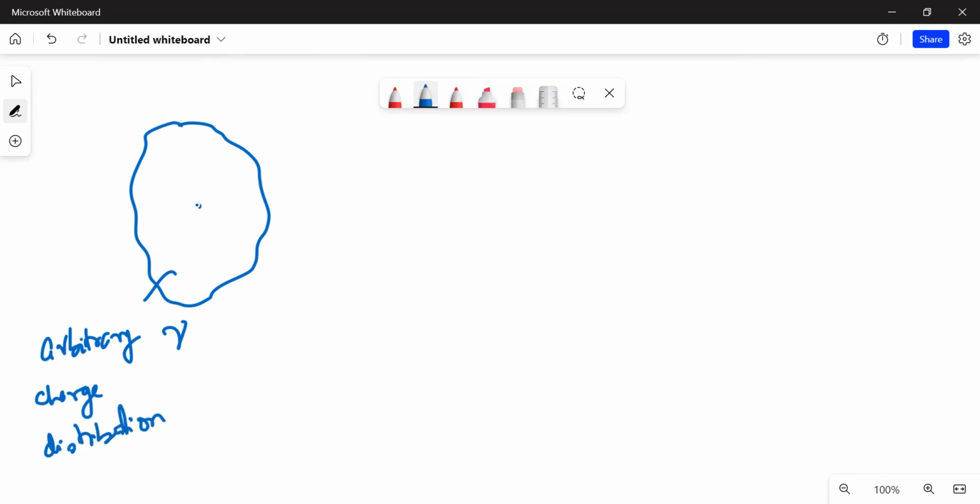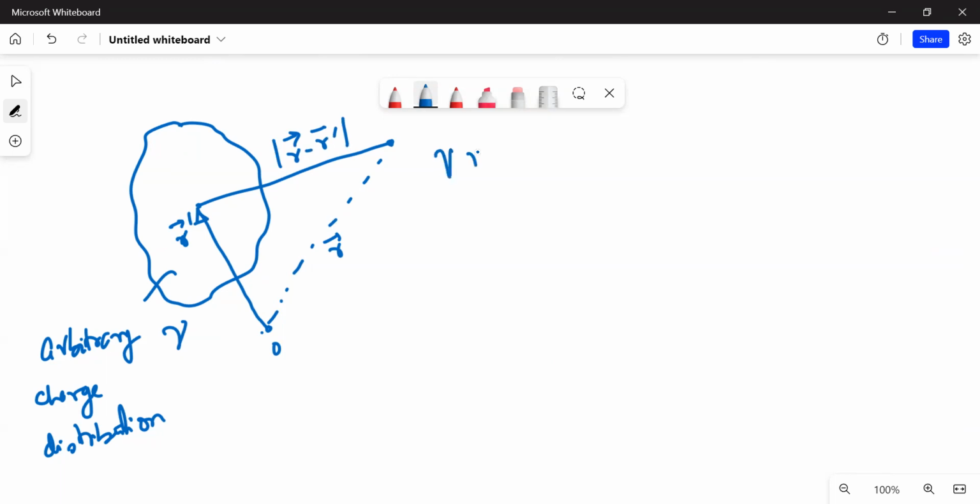At any distance r, let's say this is your origin, and these coordinates were taken to be r prime. This coordinate was taken to be r. This was the r vector here, and this is r vector minus r vector prime.